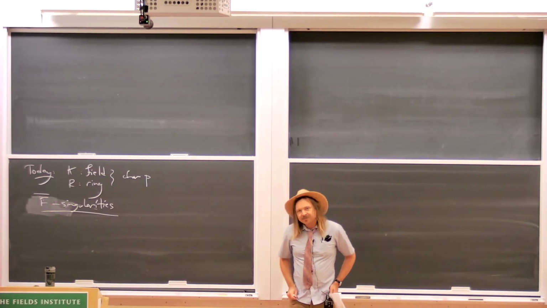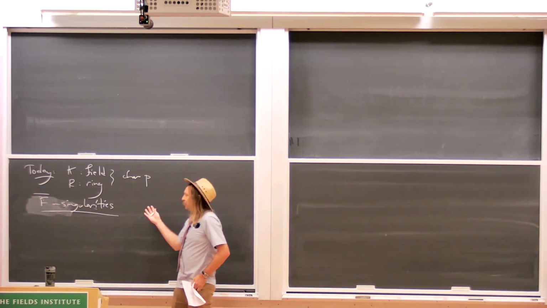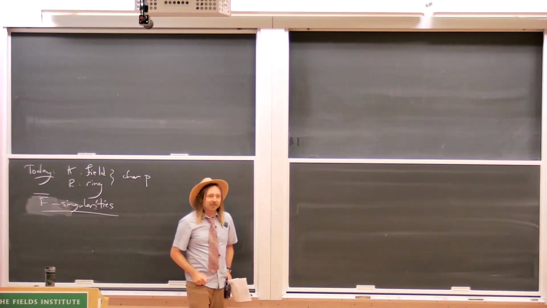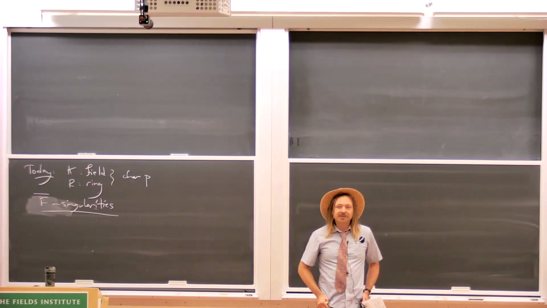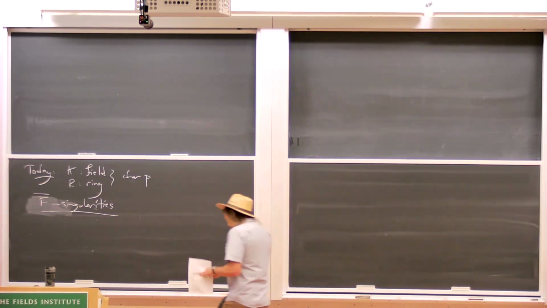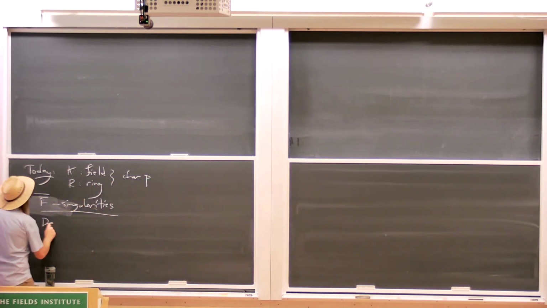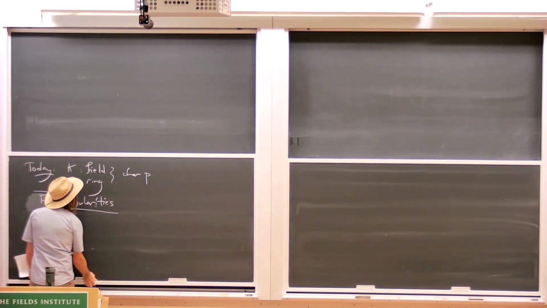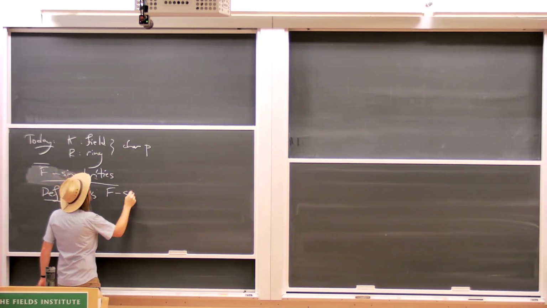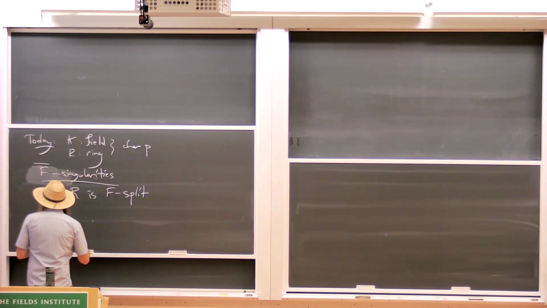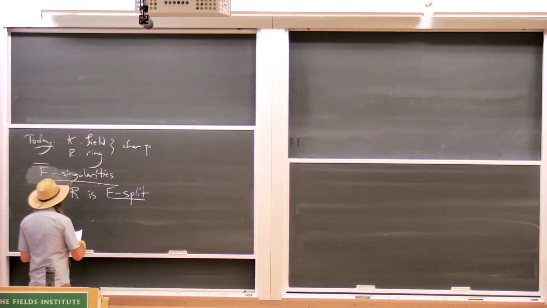F is for Frobenius, and the general idea is that we're going to weaken the other side of Kunz's theorem and still be able to do some of the things that we liked in the case of regular rings. So let's waste no time and collect an F-singularity.